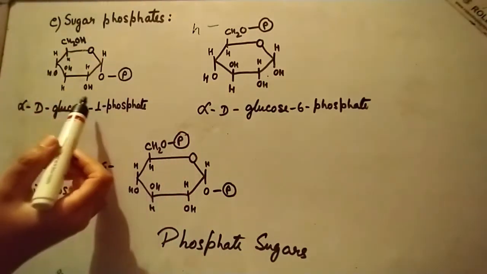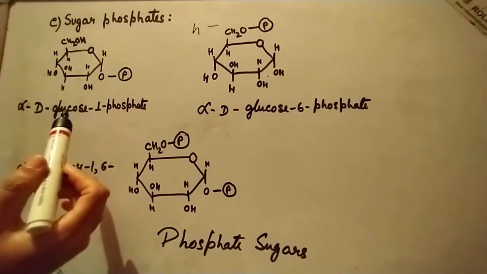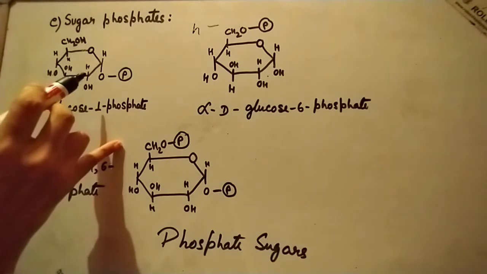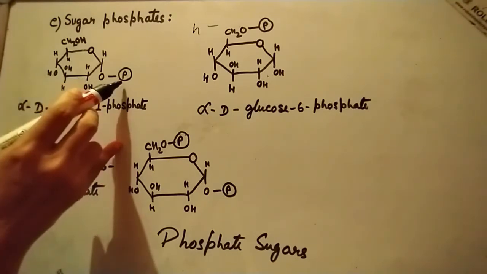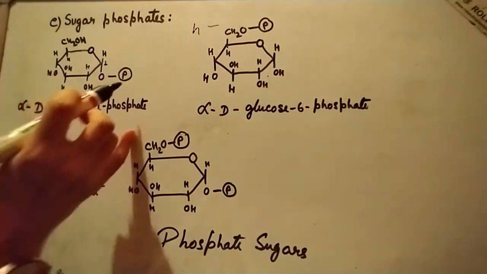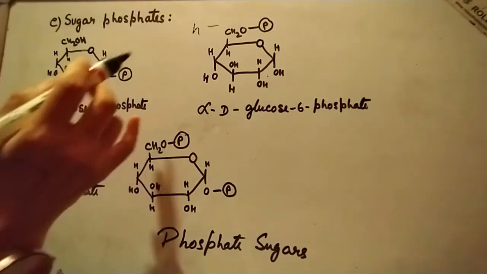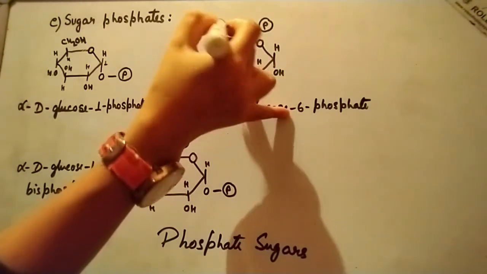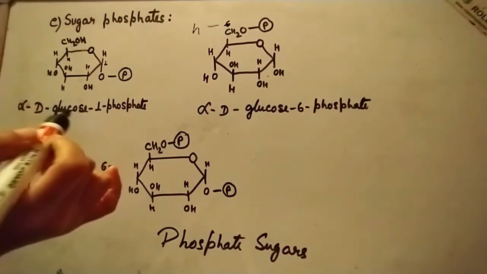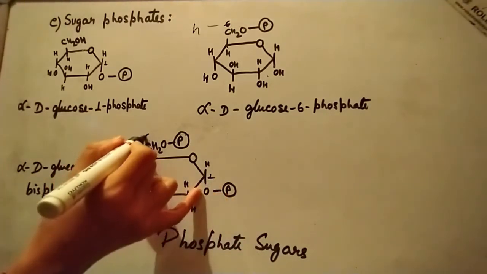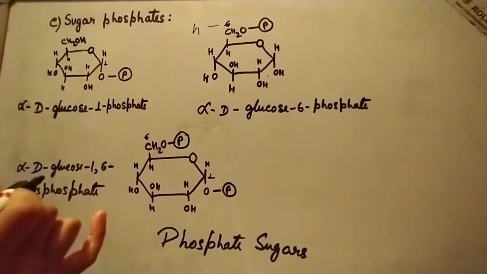So the sugar phosphates, the monosaccharides, may be phosphorylated, usually either at the first carbon, as you can see here, or at carbon number 6, or sometimes at both carbon number 1 and carbon number 6.